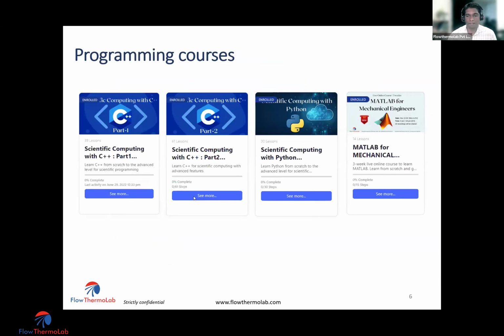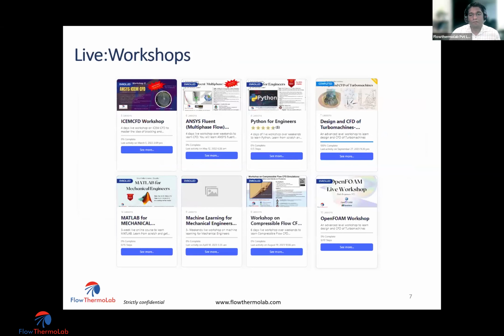So C++, Python, MATLAB, and all those courses are developed keeping that in mind. And there are a lot of live workshops, including CFD tools and specific topics like machine learning, design of turbo machinery, multi-phase flow, and things like that.